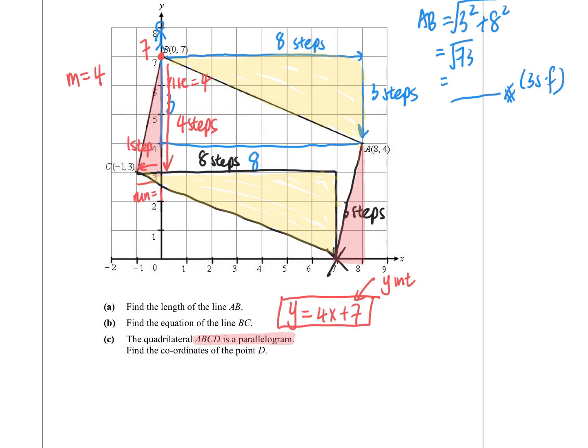So I could do the same thing here: move down by 4 steps and then move 1 step to the left, so I can get to my D. So D is just 7, 0.